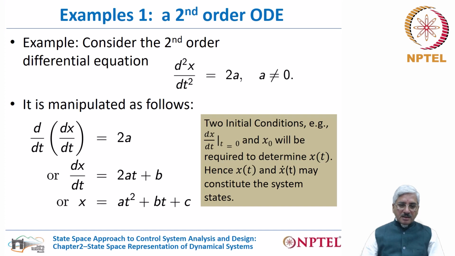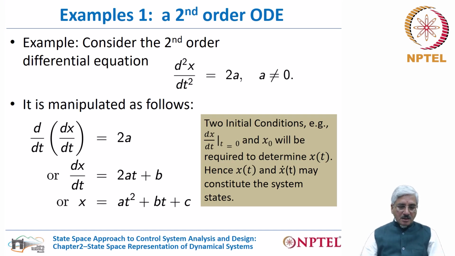The second order differential equation can be solved in these three steps, and the solution will be x equal to a t square plus b t plus c. In that, a is given already, you can see. However, b and c are to be evaluated from the knowledge of initial condition.